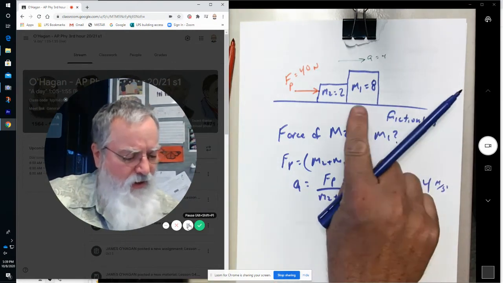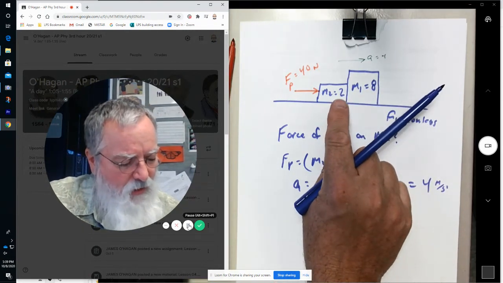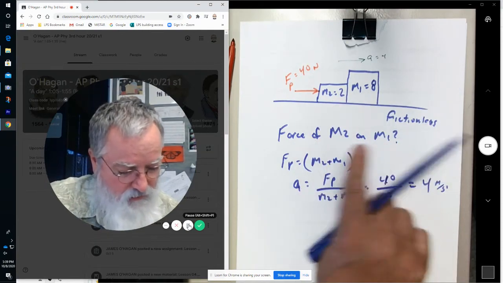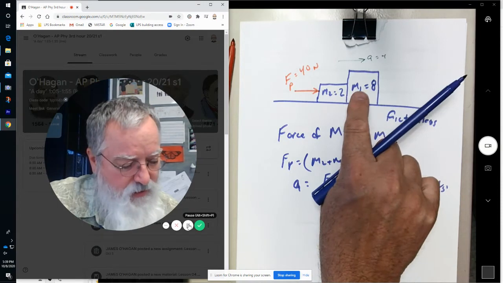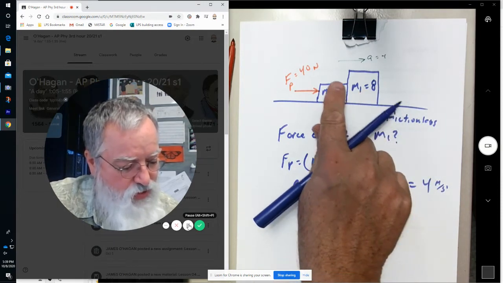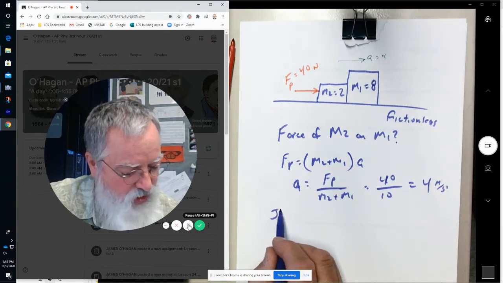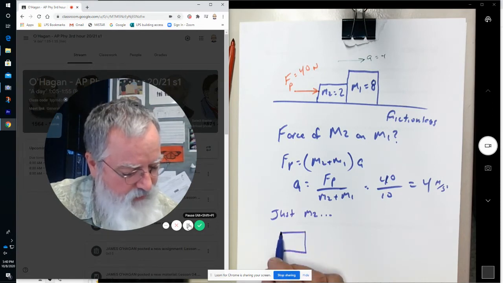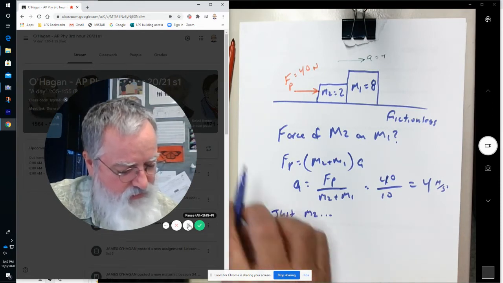If I want to know now how much mass 1 is pushing on mass 2, that's really not the question here, but let's find out. Now I'm going to look at just mass 2, just M2. Here's what I know. I've got 2 kilograms.